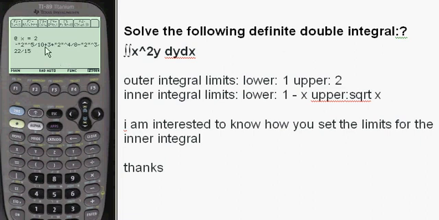At x equals 2 it equals 22 divided by 15. At x equals 1 it equals 13 over 120. Upper minus lower, here's the answer. The volume is 163 over 120, or 1.36 cubic units. Notice the double integral is really volume, not area. A single integral is area under a smooth curve.